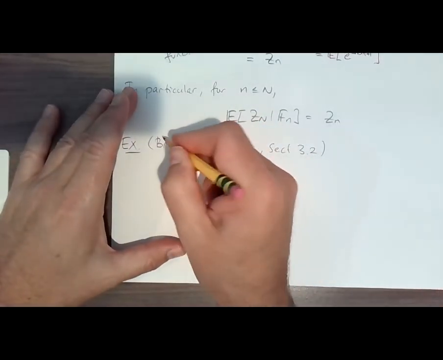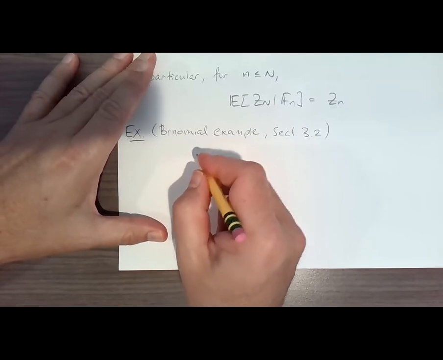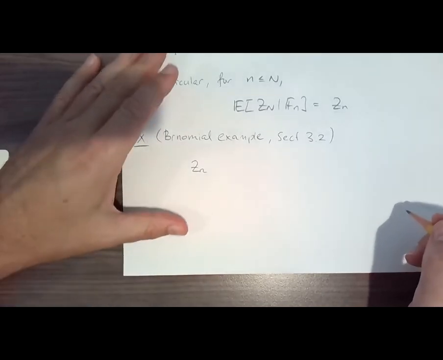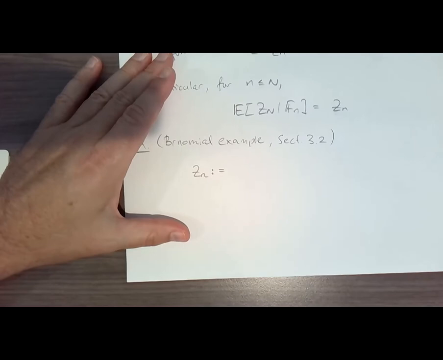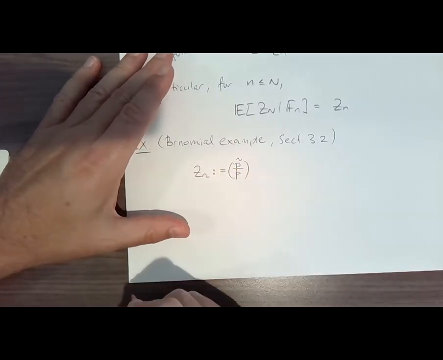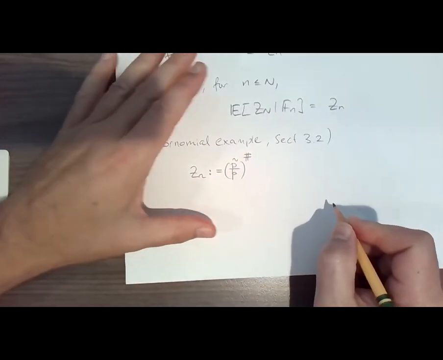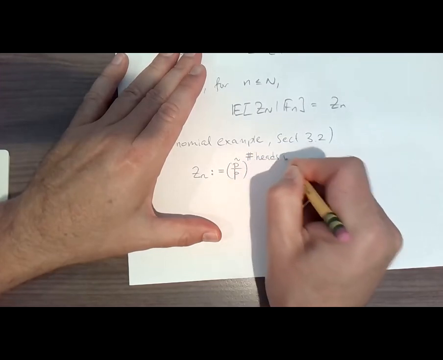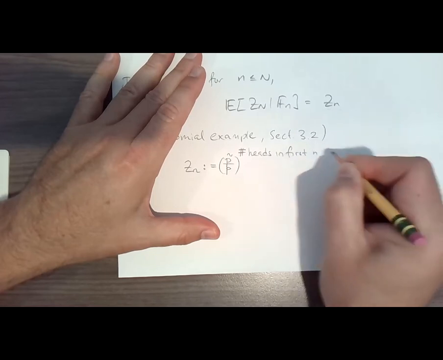This is the binomial example. So what is Z_n here? It's defined as p tilde over p, to the power of the number of heads in first n tosses.